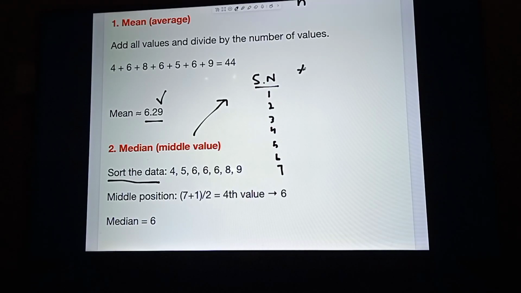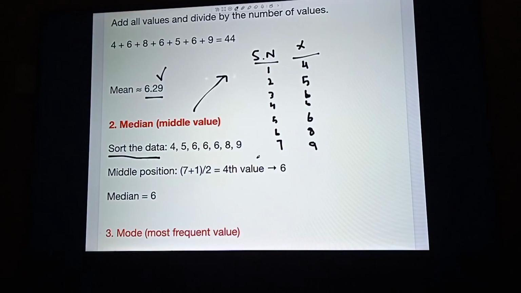Let's write the observations. First value is 4, second is 5, third is 6, fourth is 6, fifth is again 6, sixth is 8, and seventh is 9.